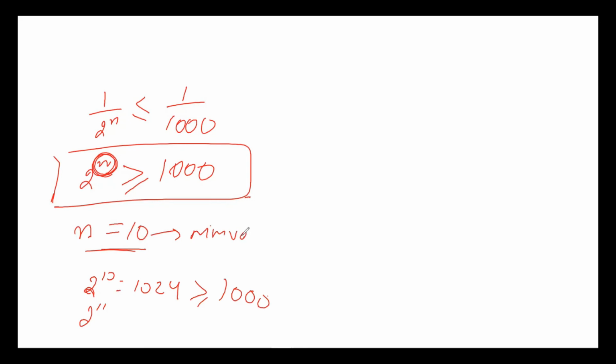So here we always take the minimum value, and n should be an integer. I have already told in the last class, what is n? n is your bits per sample. It means that in one sample, how many bits you are taking. So the number of bits cannot be a decimal, like 2.3, 2.5, 3.6.